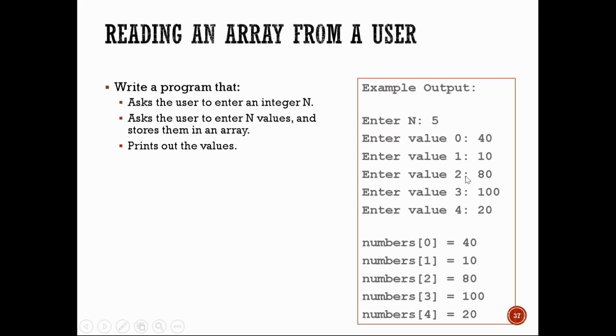I have inputted, for example, 40, 10, 80, 100, and 20, and it will display along with the index value the location of these different inputs. So numbers at location 0 is 40, at location 1 is 10, at location 2 is 80, at location 3 is 100, and at location 4 is 20.